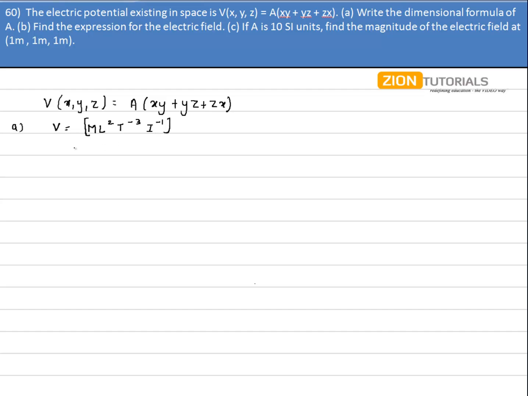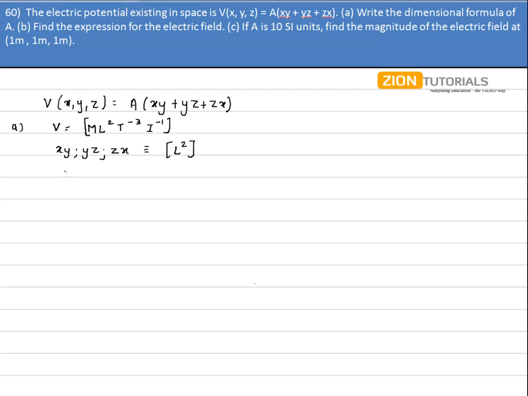On the right hand side we had terms like xy, yz, zx. The dimensional formula for this kind of term will be L^2, because x is length and y is length, so the dimensional formula will be L^2.